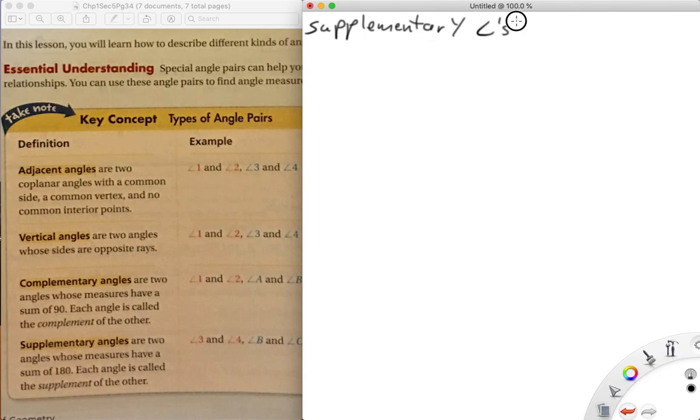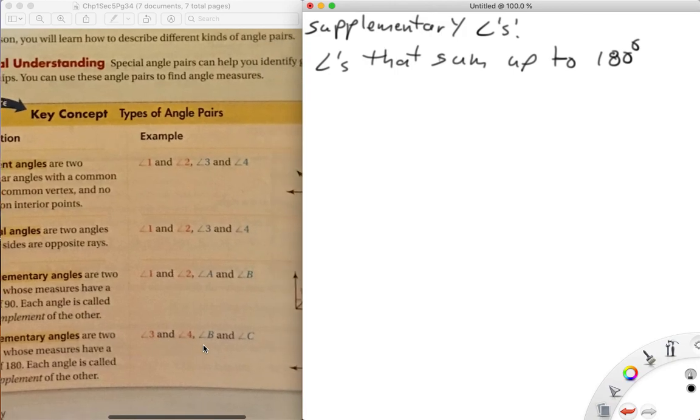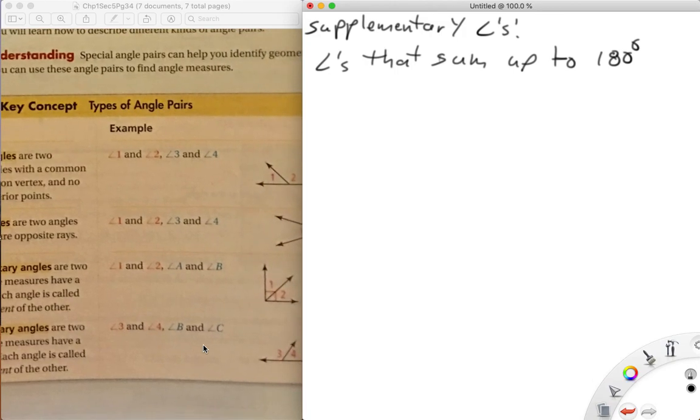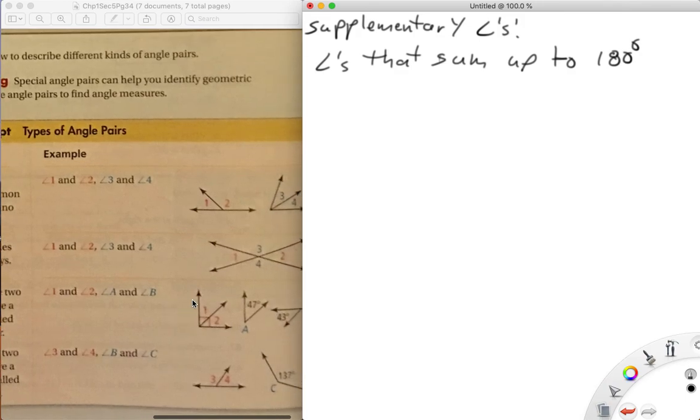Supplementary angles are angles that sum up to 180 degrees, or a straight line. 180 degrees or a straight line. And they're called supplements. Complementary angles are called complements. Supplementary angles are called supplements.